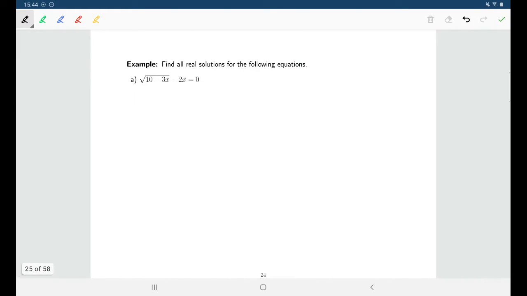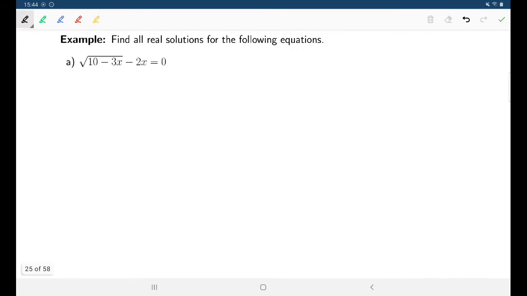So here we've got only one root to worry about, just that 10 minus 3x inside that square root. So I'll start off by first isolating the root. So moving the 2x to the other side, and then I will square both sides of the equation.